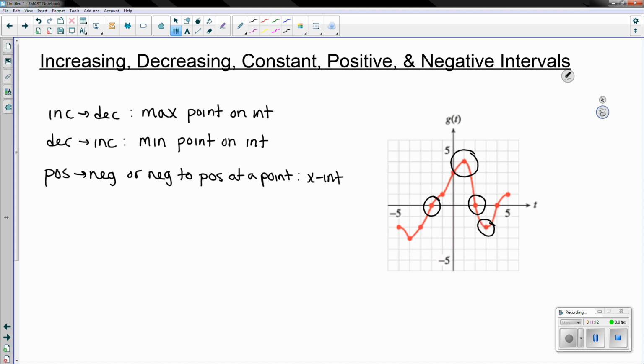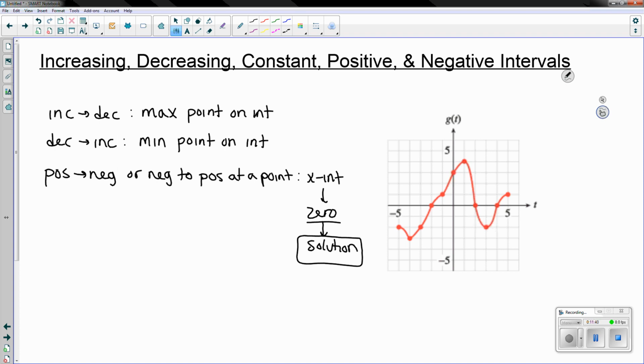And an x-intercept also describes a zero. And a zero also describes a solution to an equation. So we can find solutions to function equations or zeros of function equations if we are given information that this function is going from positive to negative or negative to positive. And again, all that means is it's crossing over the x-axis, and hopefully that makes sense.